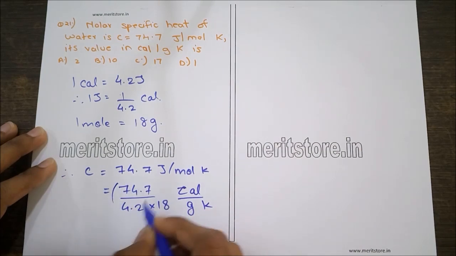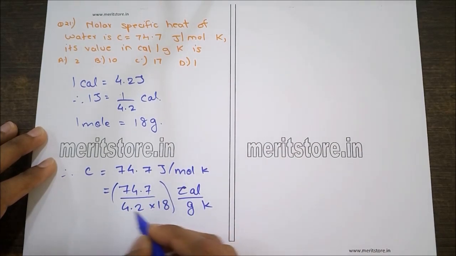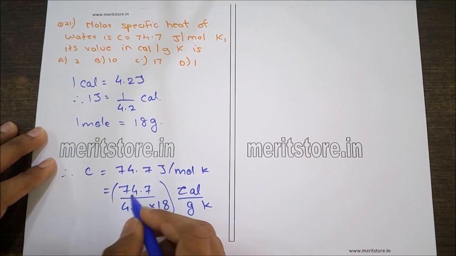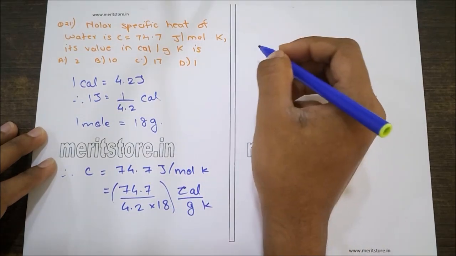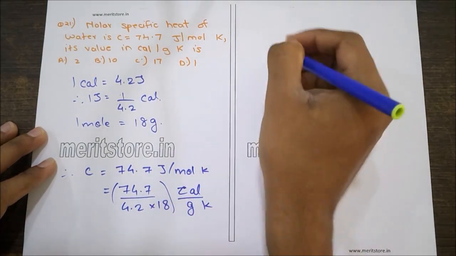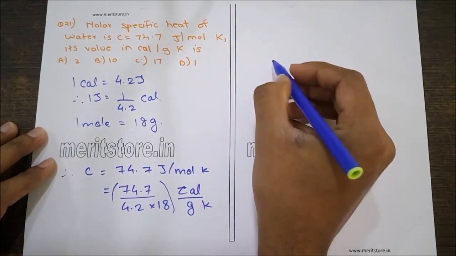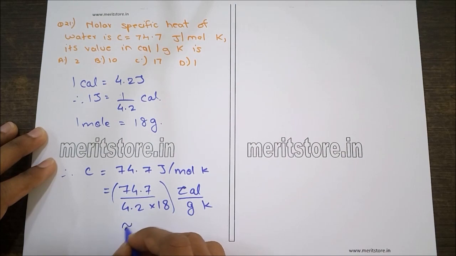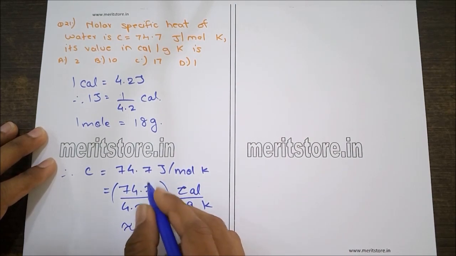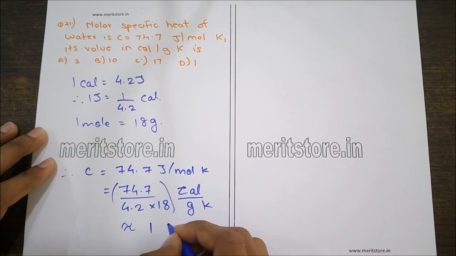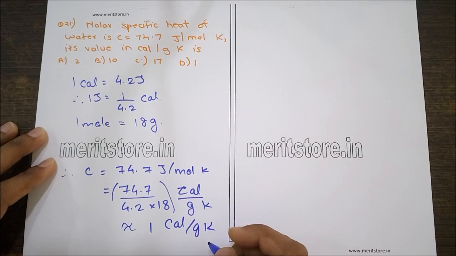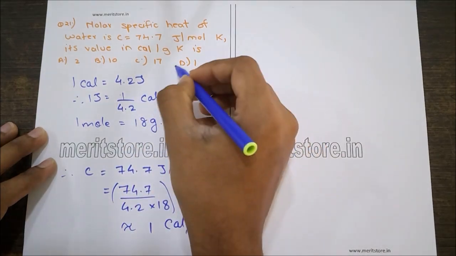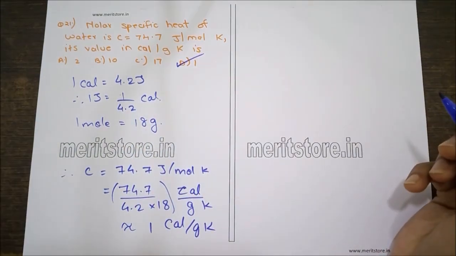So solving this value, 4 into 18 is 72, so 4.2 into 18 would approximately be equal to 74.7 or somewhere equal. So this value comes out to be 1 calorie per gram Kelvin. Hence, option D is the correct answer.